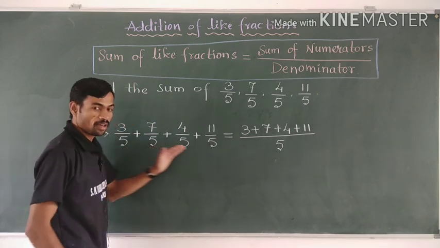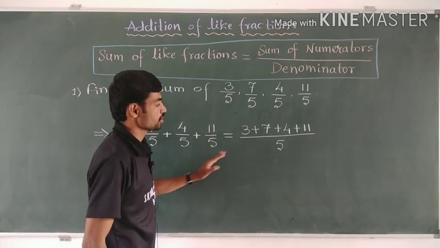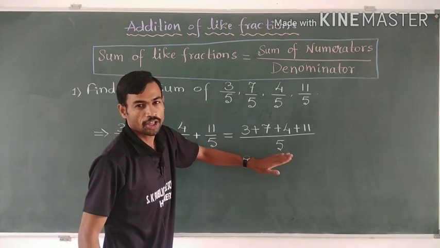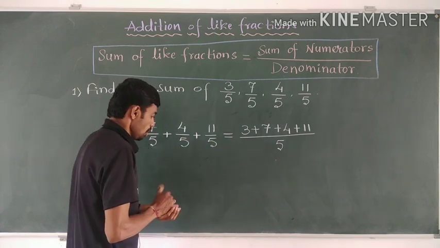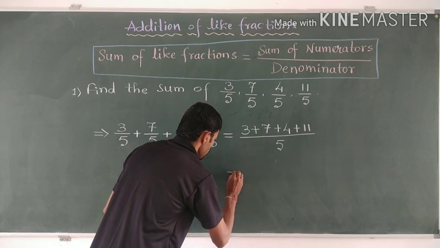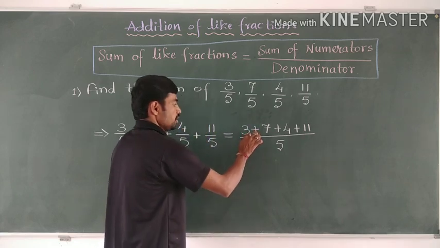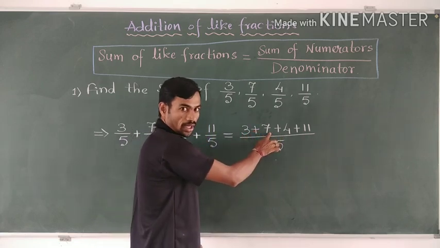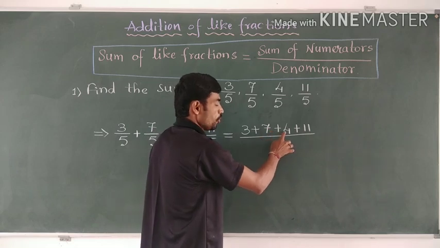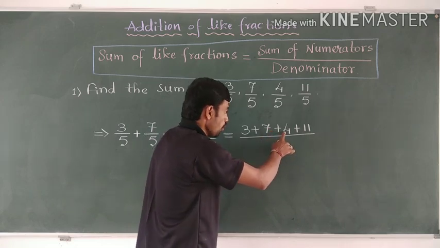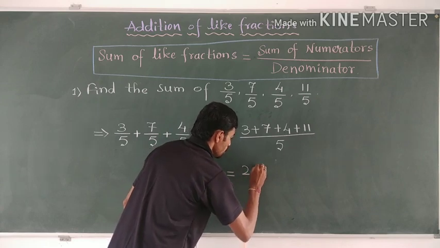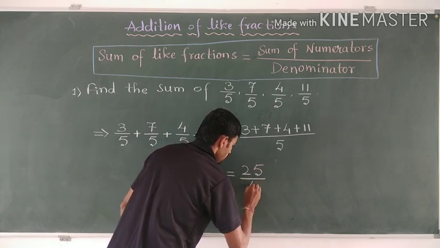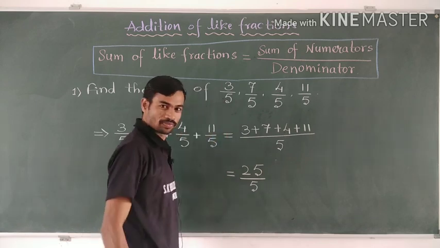If the given fractions are like fractions, we keep the denominator as it is. Clear? Now, the sum of numerators: 3 plus 7 is 10, 10 plus 4 is 14, 14 plus 11 is 25. So we get 25 divided by 5.